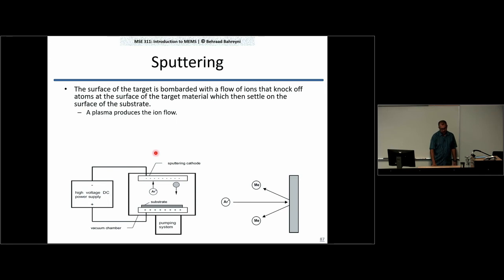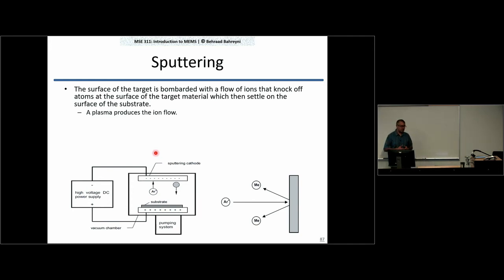Now, why argon? Well, think about it for a second. The answer is that because argon is an inert gas, it doesn't react with your source, and therefore when you bombard it with argon, you don't get a chemical reaction, everything remains physical.